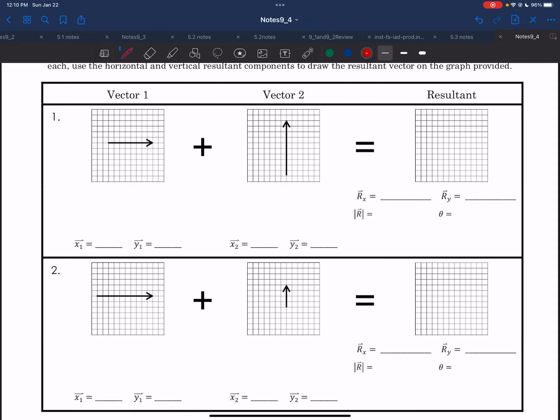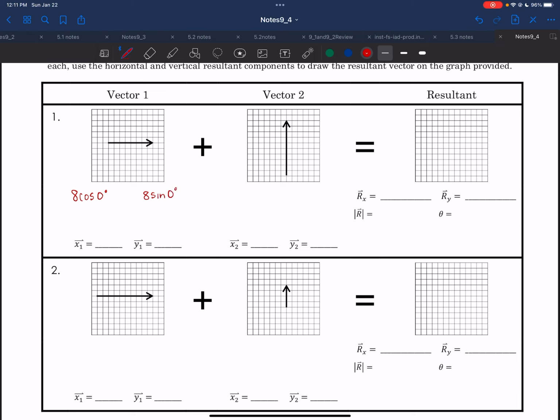So typically, if I'm looking at this, let's count how many spots we have. 1, 2, 3, 4, 5, 6, 7, 8. Okay, so that's 8 units. So normally I would say, okay, this is 0 degrees, so 8 cosine of 0 would be my x value, and 8 sine of 0 would be my y value.